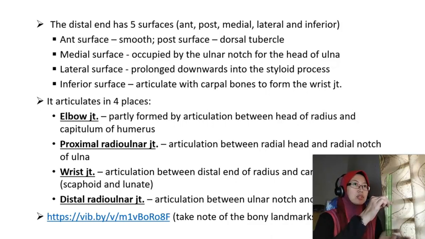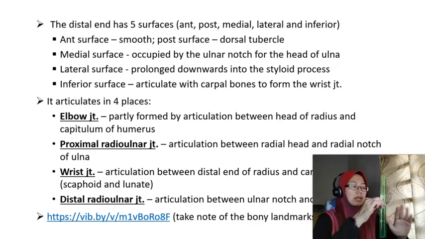How to differentiate between the anterior aspect and posterior aspect of the distal end of radius? The anterior surface is smooth and the posterior surface is a bit rough because of the dorsal tubercle. You can see the image before this.